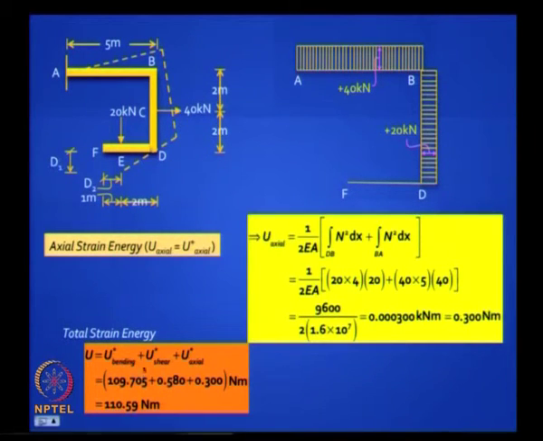That is, the bending strain energy here is 109.705 Newton meter, shear strain energy is only 0.58 and axial strain energy is only 0.30, and the total is 110.6. So you can clearly see that you can ignore shear deformations and axial deformations.